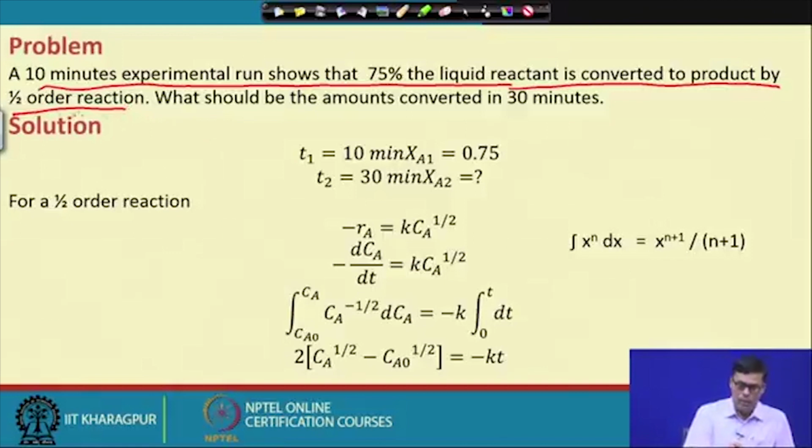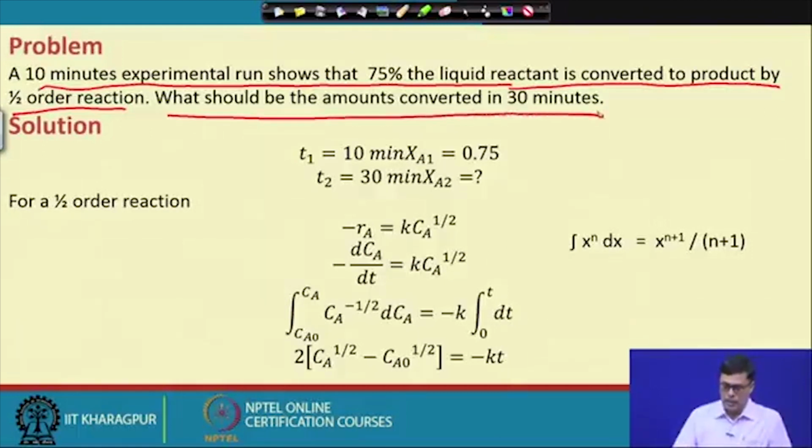But this is a half order reaction, and the question is what will be the amount converted in 30 minutes. So we shall have to find that out. In this problem, the time is 10 minutes and the fraction converted is 0.75, and the question is after 30 minutes, how much fraction of A will be converted.